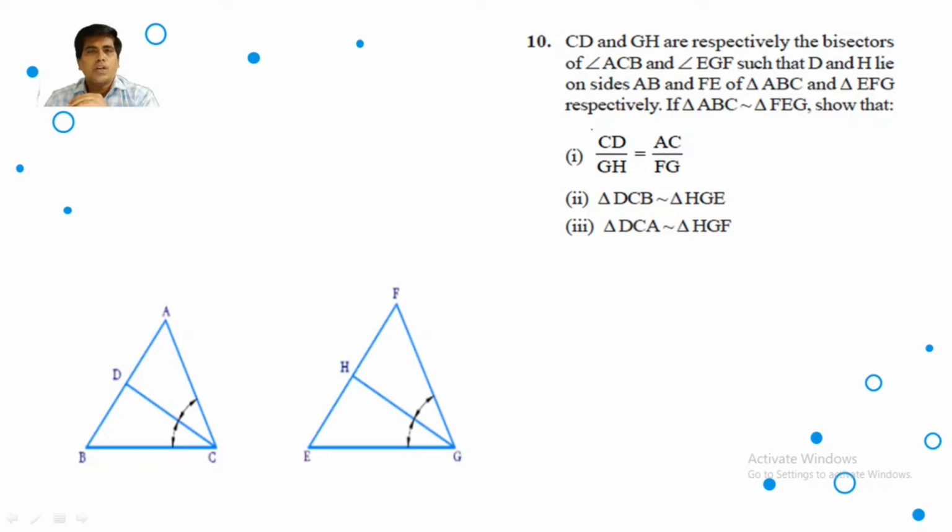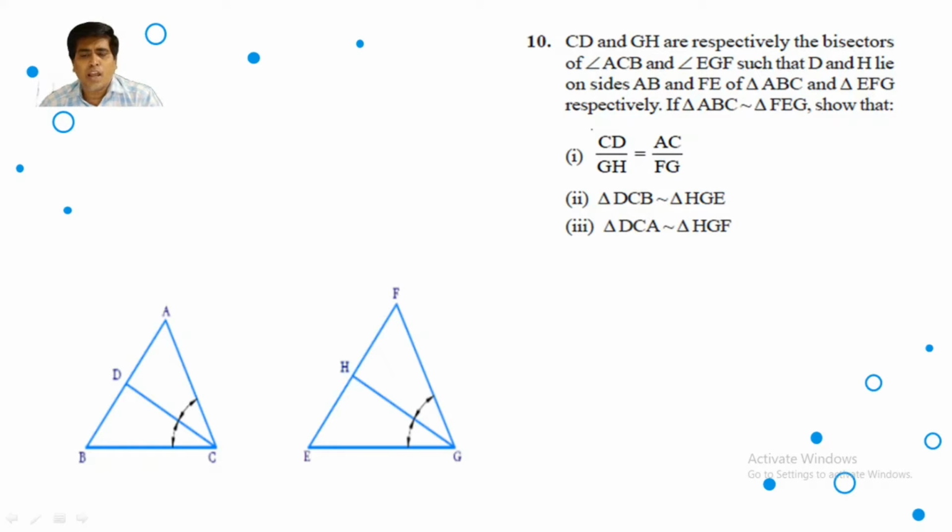Discussing question number 10 in exercise 6.3, chapter Triangles. Let us see what is given in question number 10. CD and GH are respectively bisectors of angle ACB and angle EGF such that D and H lie on the sides AB and FE of triangle ABC and triangle EFG respectively.